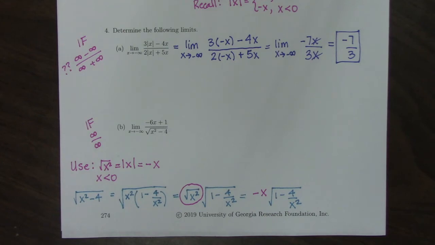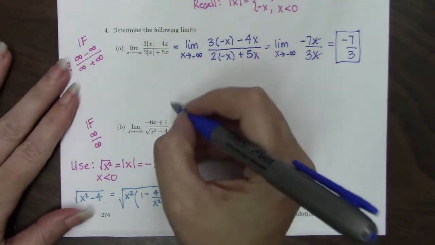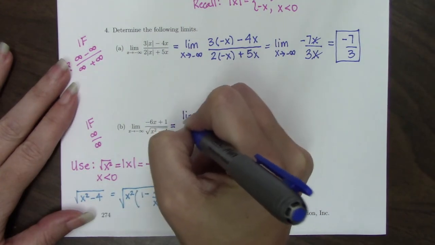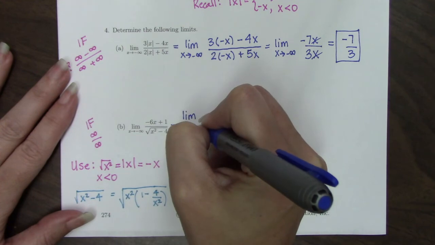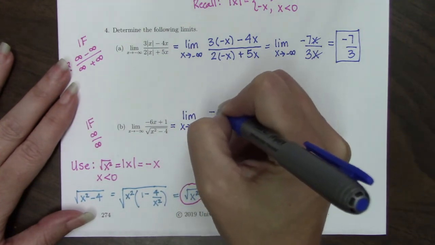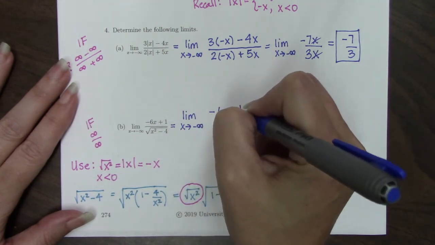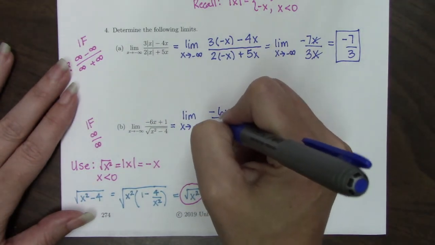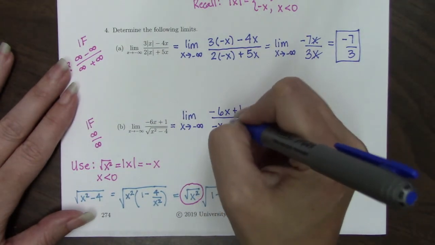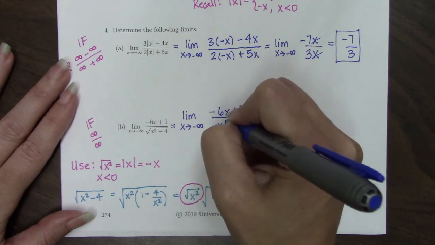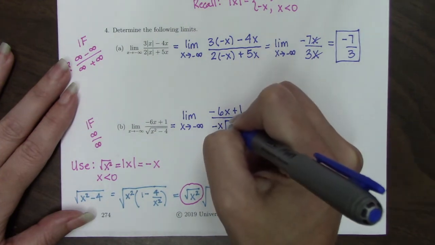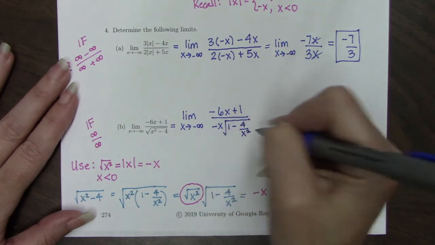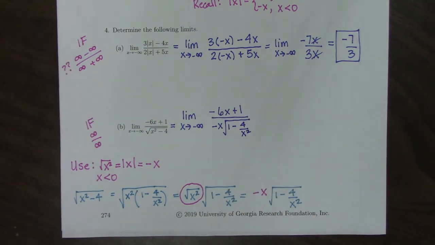So if I go back to my problem, I'm going to rewrite my limit with my new substitution. The numerator will be negative 6x plus 1 over my new denominator of negative x times the square root of 1 minus 4 over x squared.